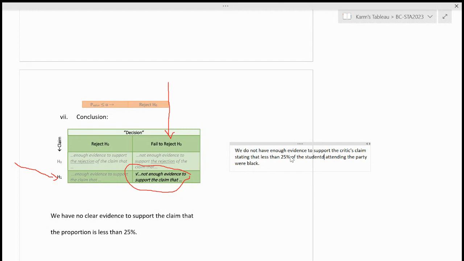Is it a true statement or false statement? Yes, that would be a false statement. Okay. So based on this claim, we did a hypothesis test. Then we figured out that there's no evidence for such a claim, therefore the critic is probably telling a lie.